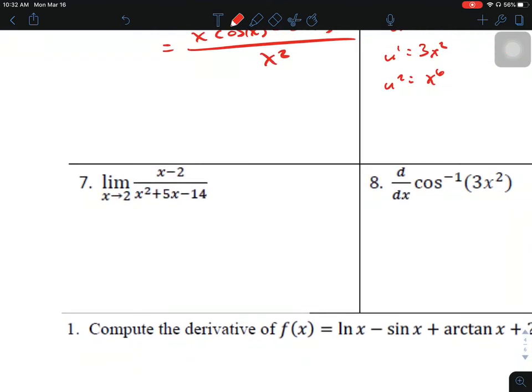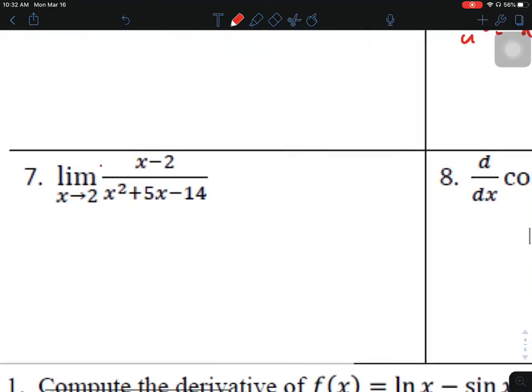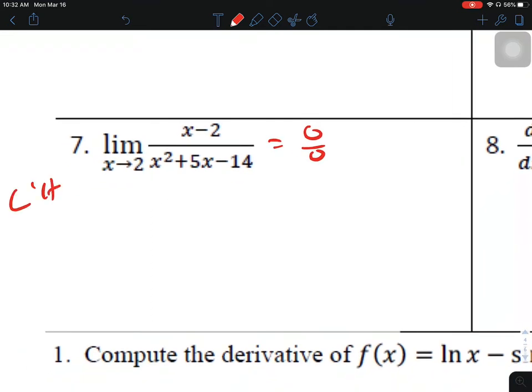Number 7 is a limit. Well, let's see. If we were to put 2 into the top, we would get 0. If we put 2 into the bottom, we would get 4 plus 10 minus 14. We would get 0 on the top and the bottom. So since that's 0 over 0, we can use L'Hopital and make this the limit as x approaches 2.